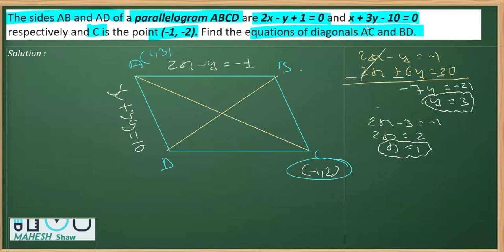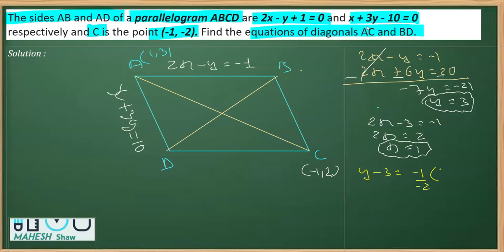Now we already have the coordinates of A and C, so we can use the two-point form to obtain the equation of this line. So it's going to be y minus y1 is equal to y2 minus y1 over x2 minus x1, multiplied by x minus x1. Here y2 minus y1 is 2 minus 3, which is minus 1, and x2 minus x1 will give you minus 2.